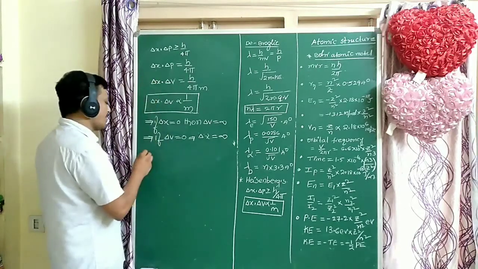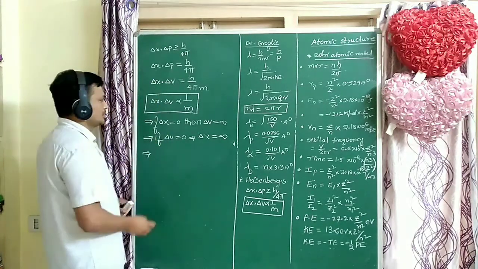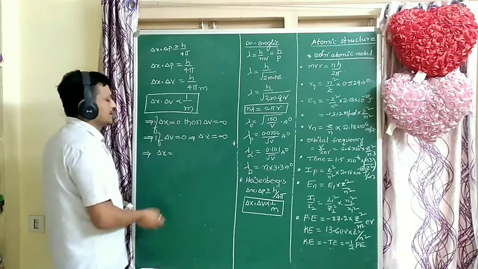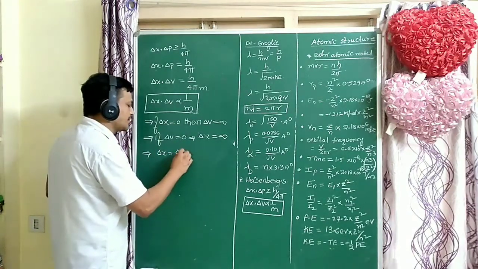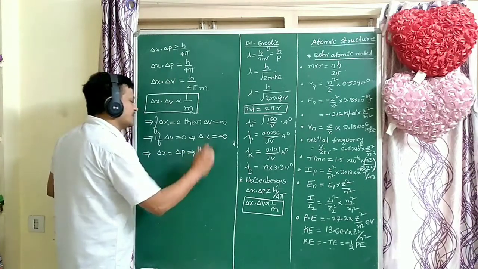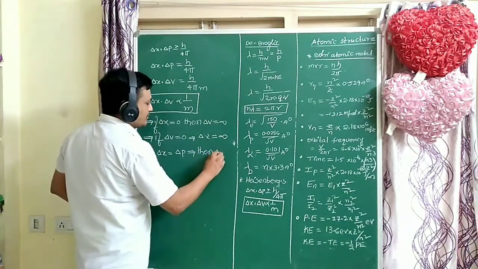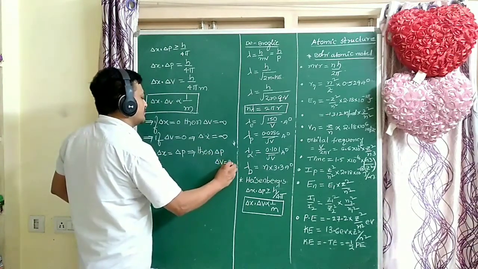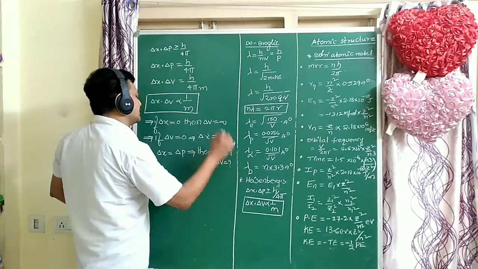So next, here delta x equals delta p. Find the formula for delta p or delta v. What is delta p?